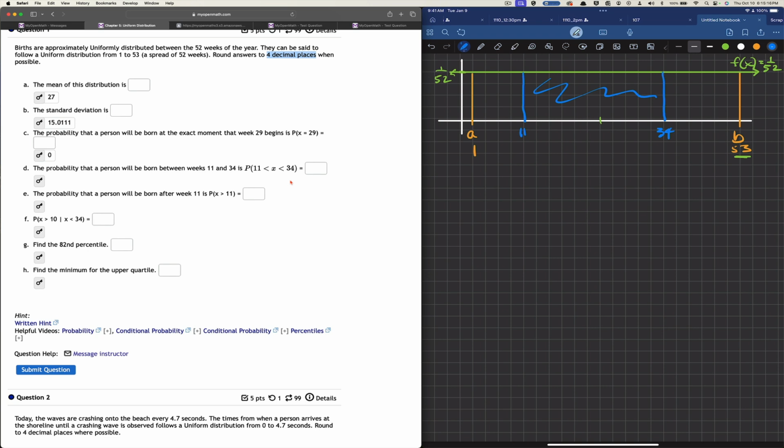So how do I calculate the area of that rectangle? Well, you would figure out what this distance is. So that's 34 minus 11. And you would multiply that length times this dimension, which is the height, 1 over 52.